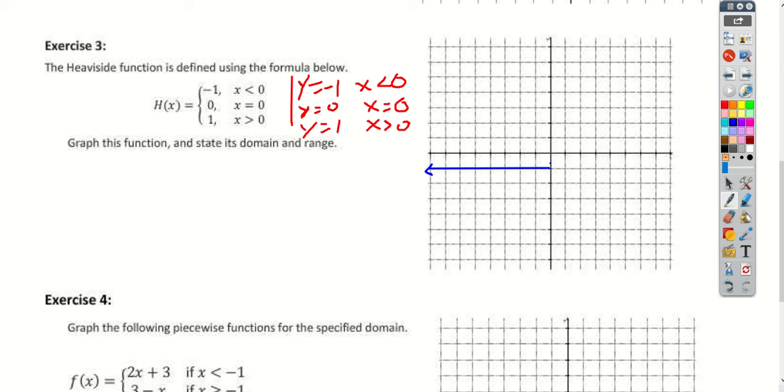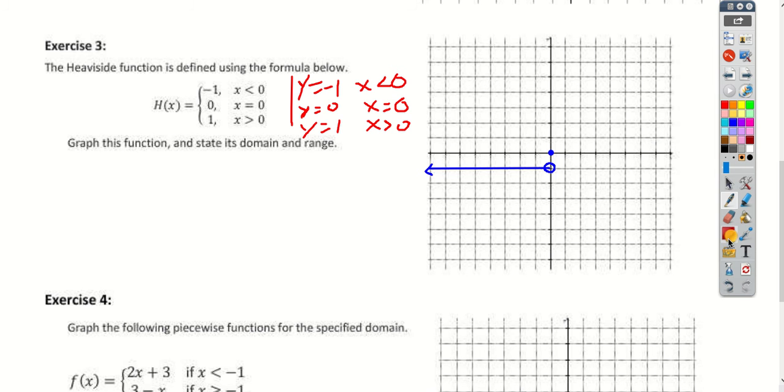Now, what we need to do is put a point at 0, because remember, when x is 0, y is 0, okay? So we're going to go ahead and put a point right there.